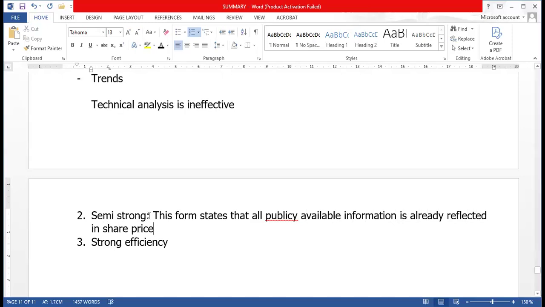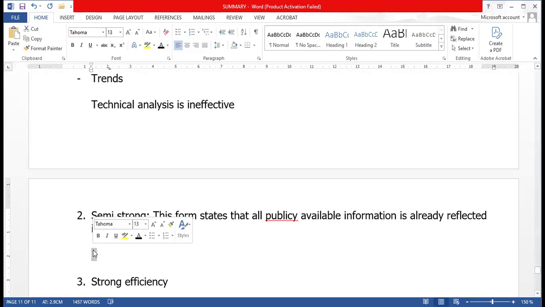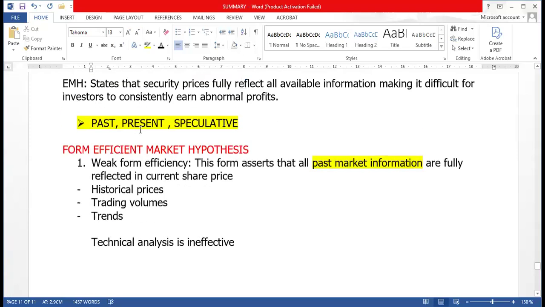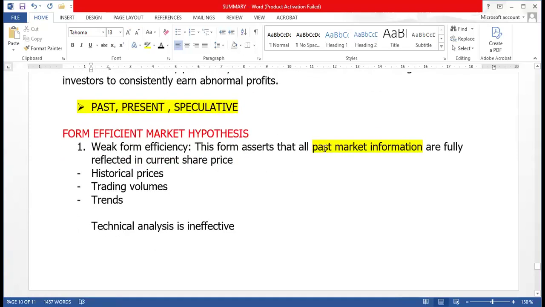So we have a category of investors who look at what the company publishes. Here we are looking at public information. In the first case, we are not looking at the documents that you publish.